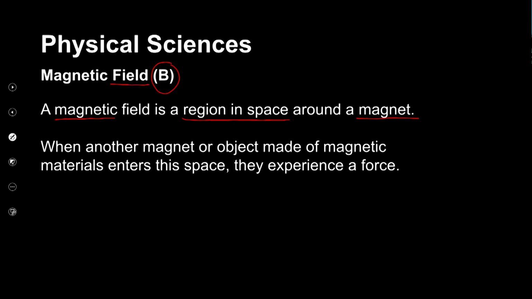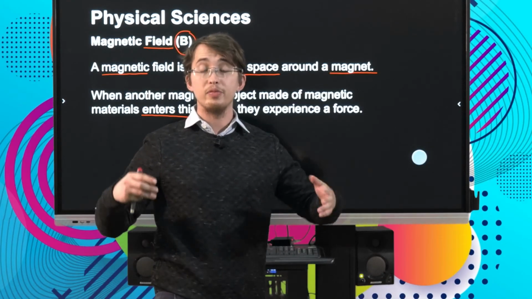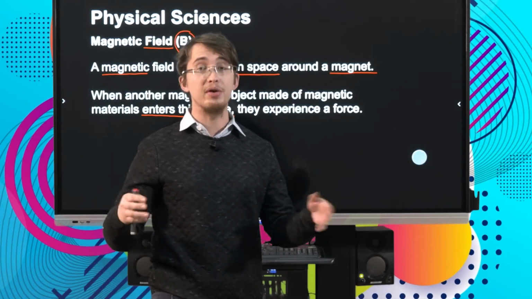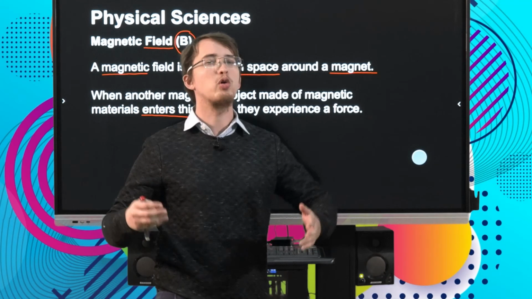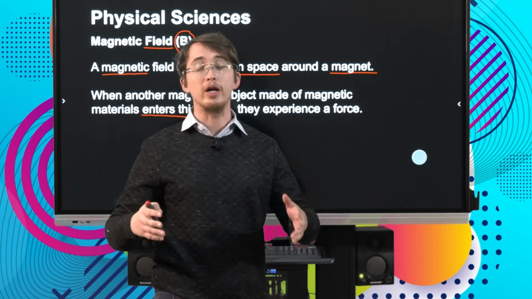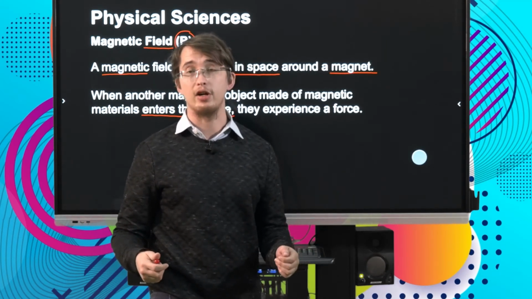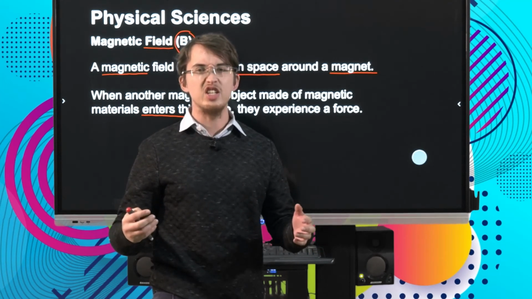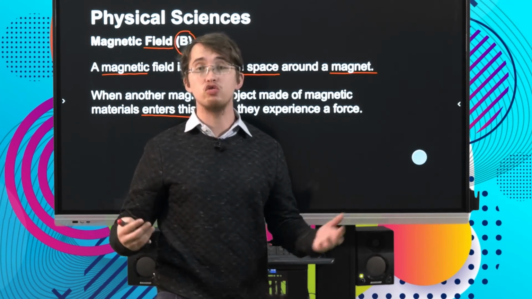When another magnet or object made of a material that is considered magnetic enters this space, this field, it then experiences a force. Now, the magnetic fields that you and I experience in our everyday lives are not quite like the ones that we're going to be looking at in terms of electromagnetic radiation. They tend to be much bigger and quite a bit stronger.